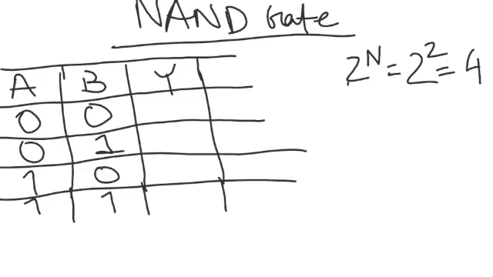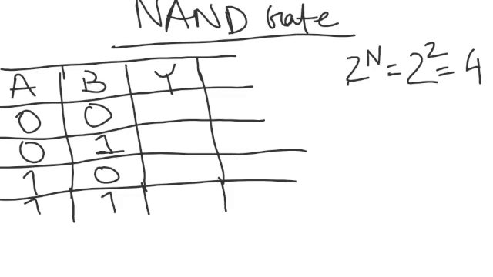The NAND gate is the opposite of the AND gate. When we were looking at the AND gate, you could go back and see the video where I was showing it. The AND gate was when all the inputs are on, the output is on. For the NAND gate, the output is off when all inputs are on. So the NAND gate is the opposite of the AND gate.